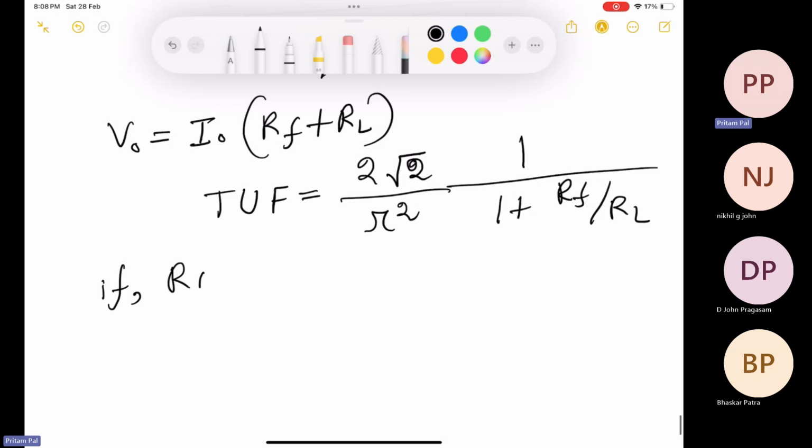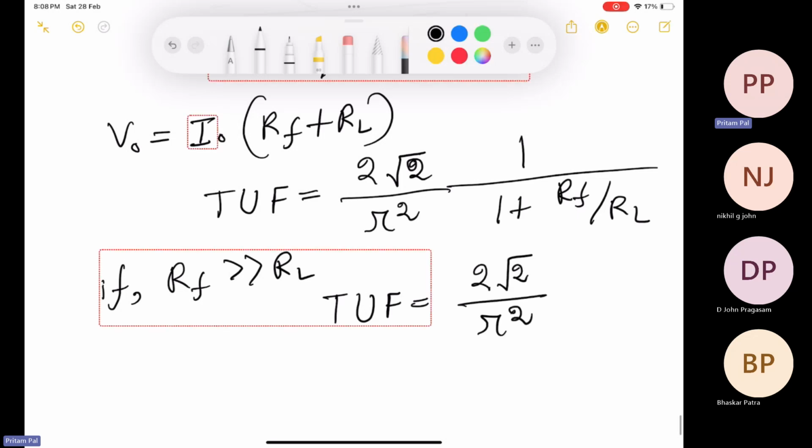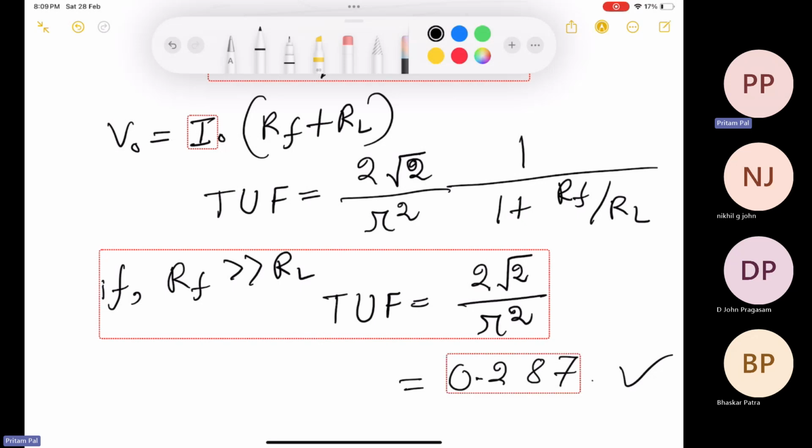If RF is much smaller than RL, then TUF becomes 2 root 2 by pi square, which is 0.287. Okay, done.